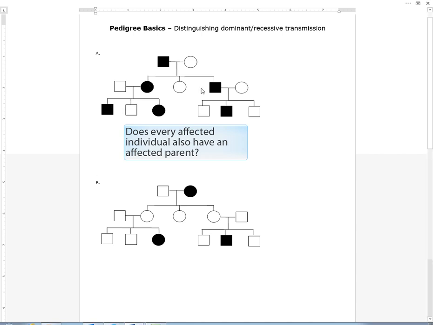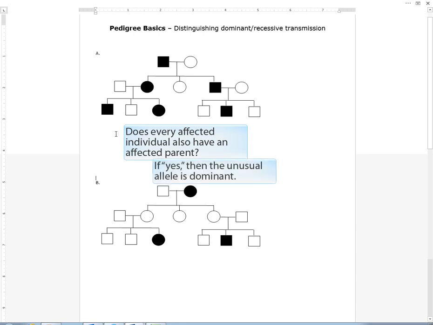Then you move up to the second generation and ask, do these individuals have a parent that's affected? Yes, they do. We don't know about the parents of this first generation male, but the evidence that we have here does indicate a dominant transmission because it fits the definition.